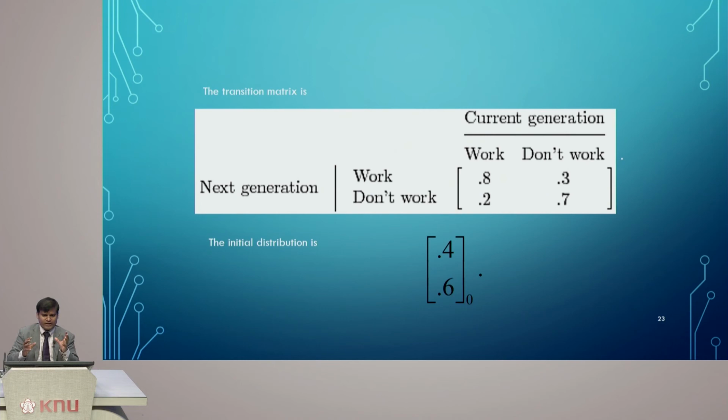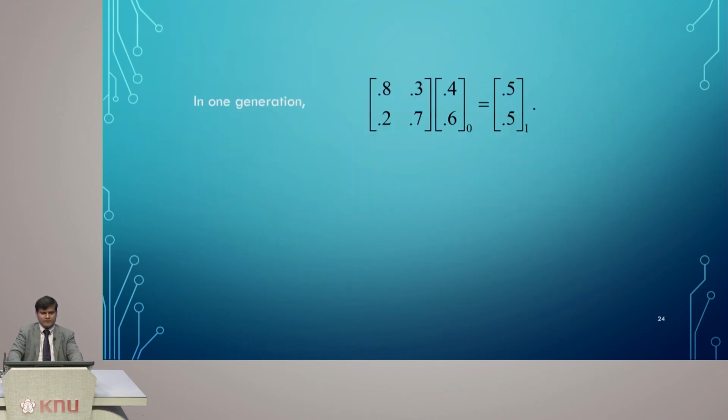We are just referring to it as x0, the base of that column matrix. So what we are going to do here is simply take the transition matrix and the initial distribution, and we multiply these two matrices. Upon multiplication, you come up with 0.5 and 0.5 as a column matrix.